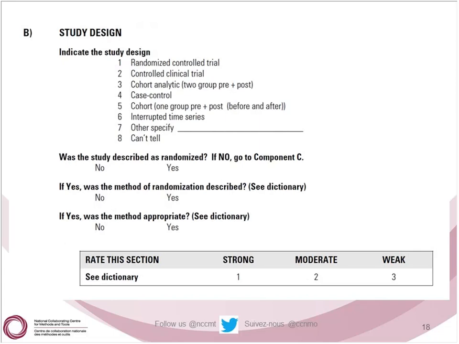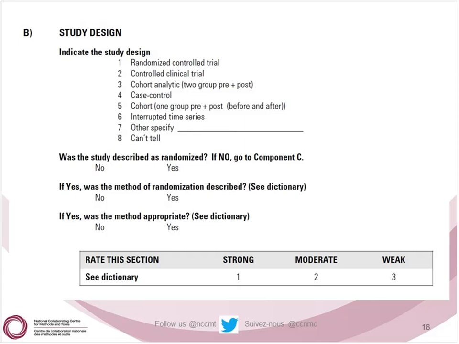So this tool is primarily used to assess studies that have a question around the effectiveness of an intervention in a quantitative way. And they have those designs listed here.